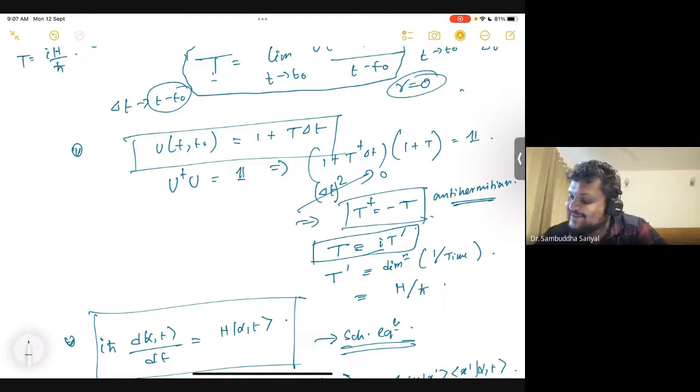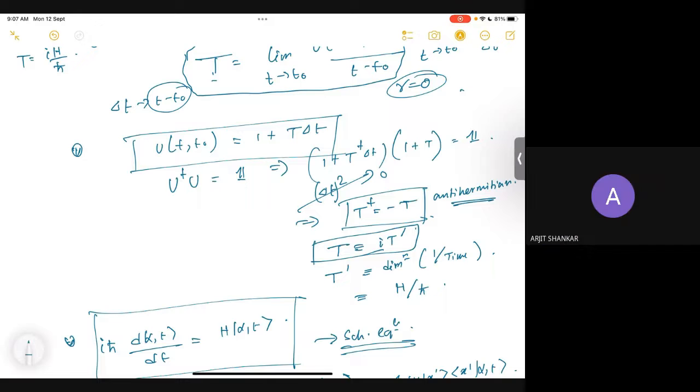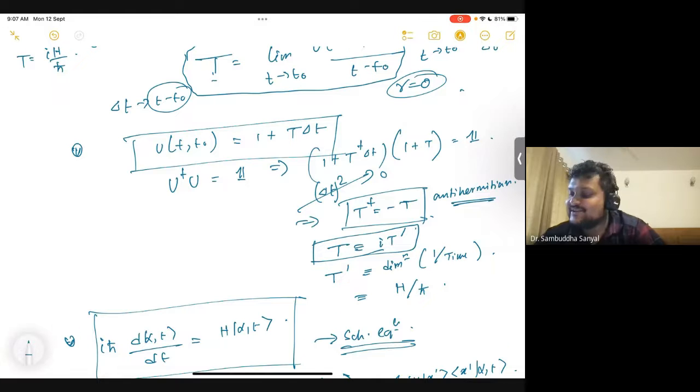So T prime has to be Hermitian. Now if it is Hermitian, I can identify it with a physical operator. That physical operator I'm identifying as the Hamiltonian or energy, because from my experience in classical mechanics, the Hamiltonian is a generator of time translation. Okay, sir. Any more questions?